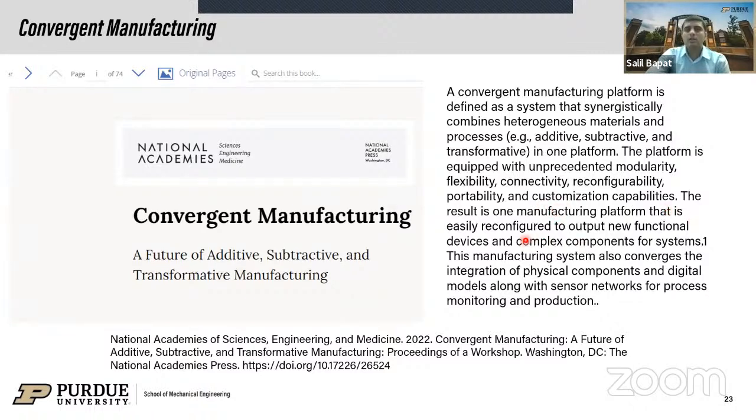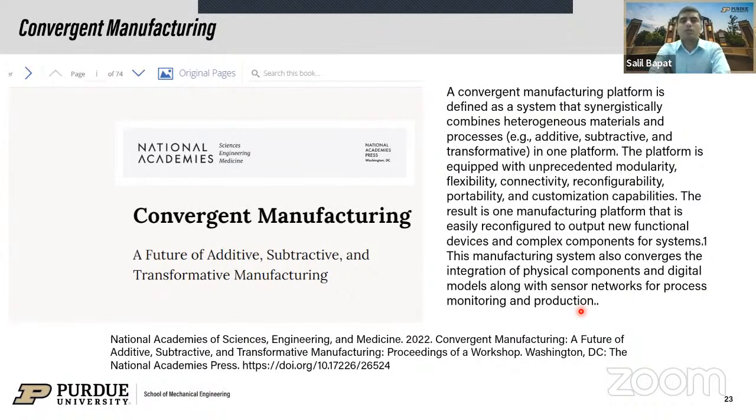The result is one manufacturing platform that is easily reconfigured to output new functional devices and complex components or systems. This manufacturing system also converges the integration of physical components and digital models along with the sensor network for process monitoring and production.